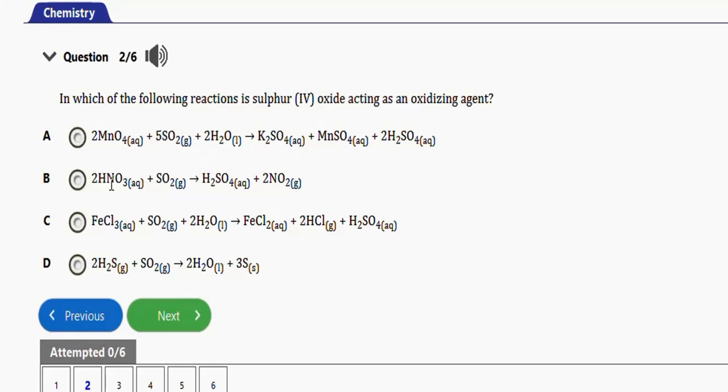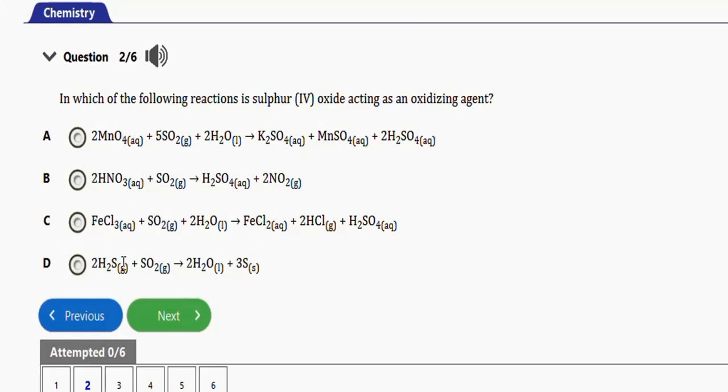In reaction 2, trioxonitrate(V) acid is being reduced, so it's not being oxidized by sulfur(IV) oxide. In this reaction 3, iron(III) chloride is being reduced by sulfur(IV) oxide to iron(II) chloride, so it can't be this.